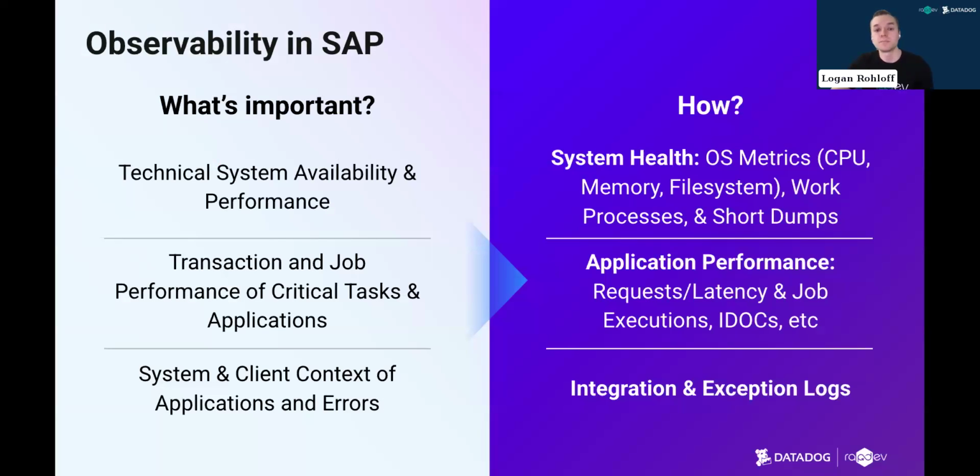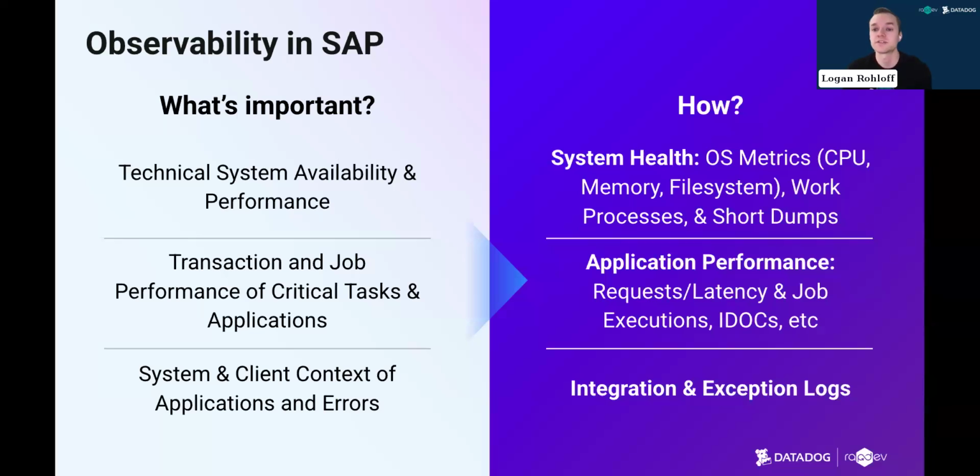When it comes to observing SAP, now this can be very dependent on the type of system and what modules are being used within it, but there are some aspects that don't necessarily apply completely across the board, but they do apply to the bulk majority of systems. And so the first thing would be technical system availability and performance.